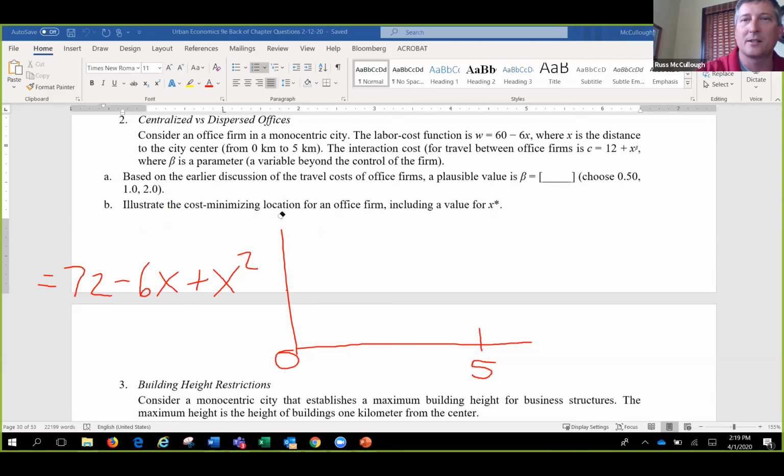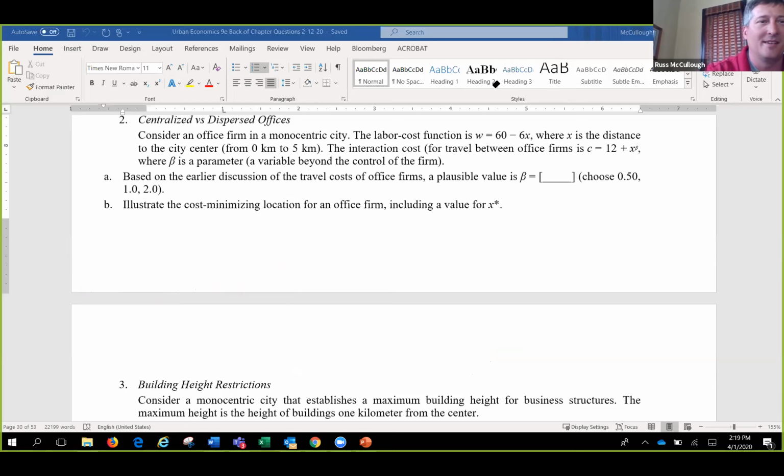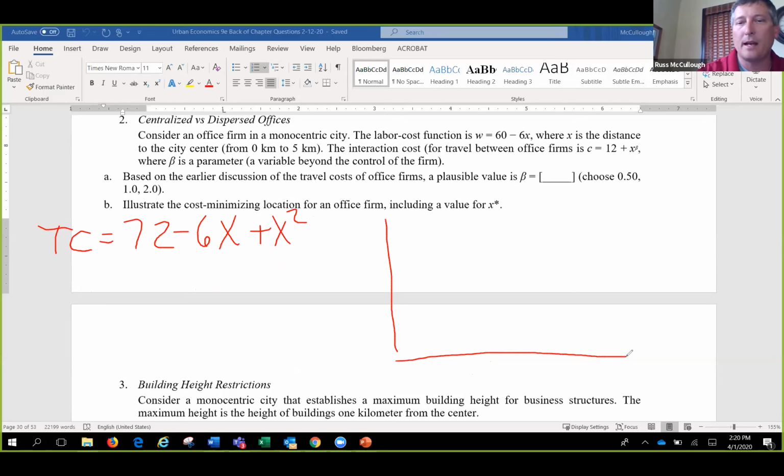In fact, let me just clear the whole thing. And so total cost equals 72 minus 6x plus x squared. And so on the graph at 0, my total cost is 72.